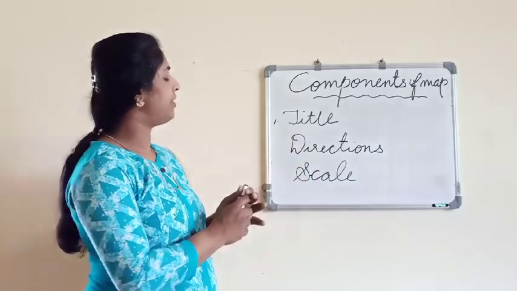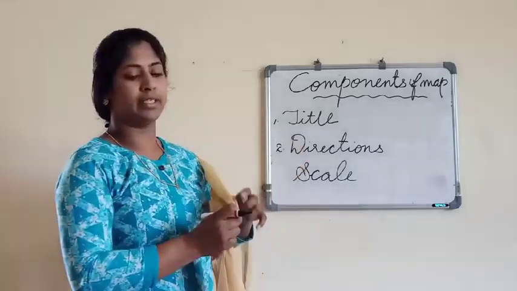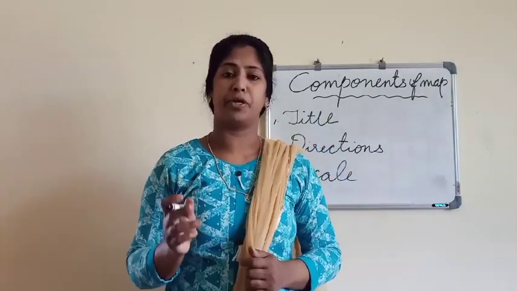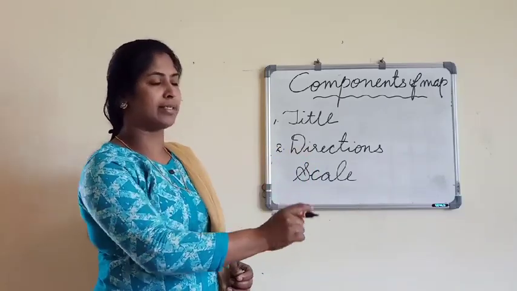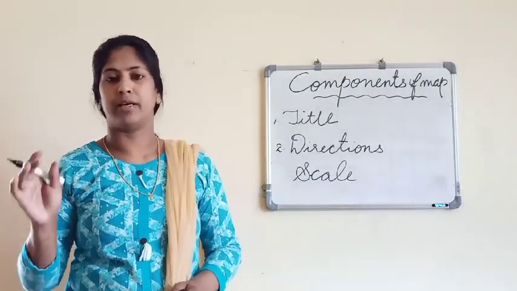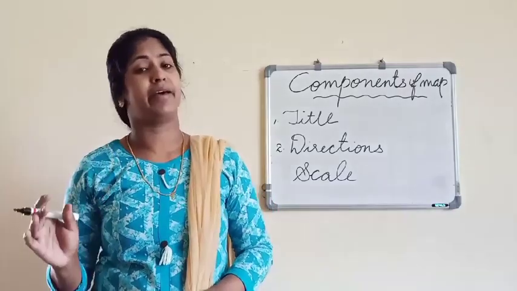After that, the second one is directions. Direction is another important component of a map, because in every map you can see that directions are shown with the help of arrow marks. The main directions are the cardinal directions.